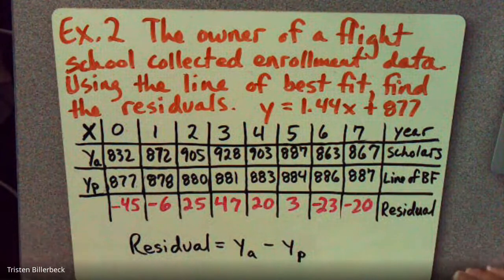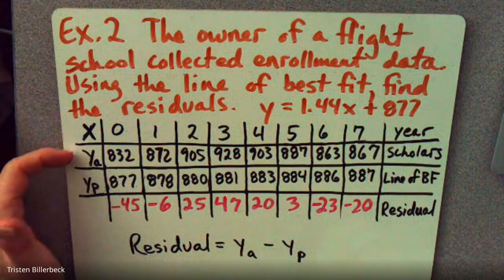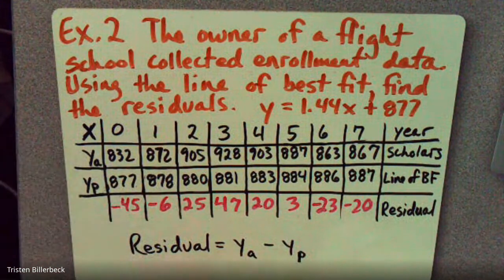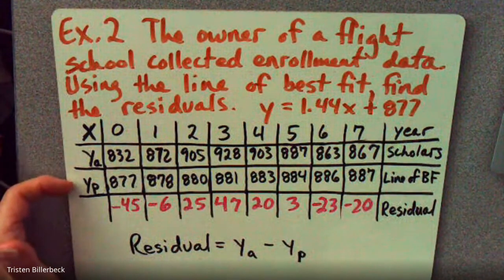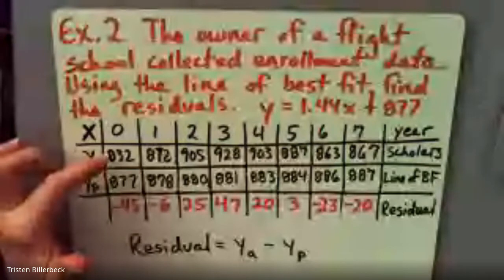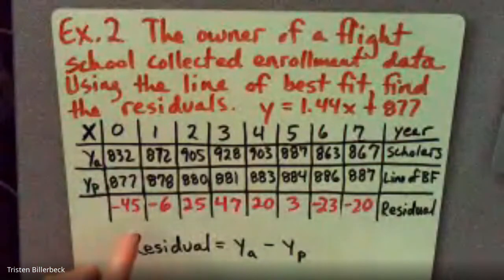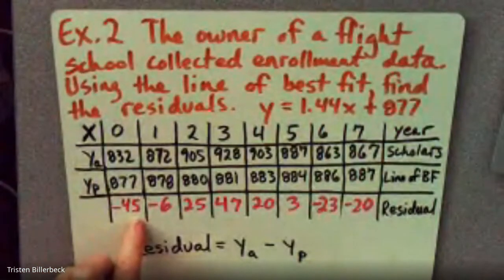To calculate the residual, we use residual equals y actual, which is the actual data, minus y predicted, the data of the line of best fit. So we took 832 and subtracted 877 and got a negative residual.